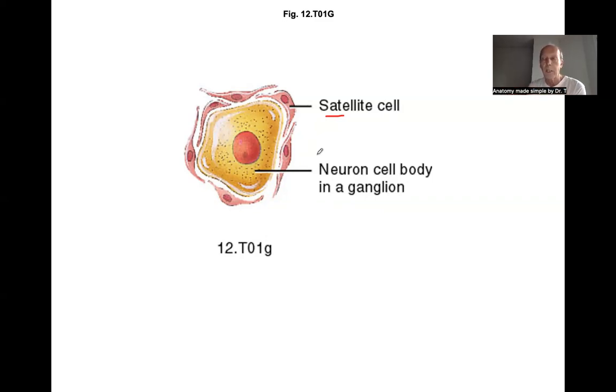Basically, that ensures that multiple neurons within a ganglion are able to survive somewhat harsh conditions of the rest of the body, whether it's the thoracic cavity or abdominopelvic space, but definitely not as well protected as the brain within the skull or the spinal cord within the spinal canal.